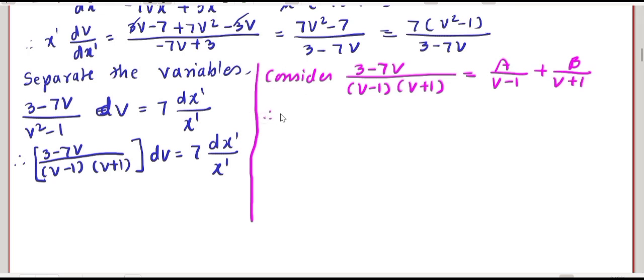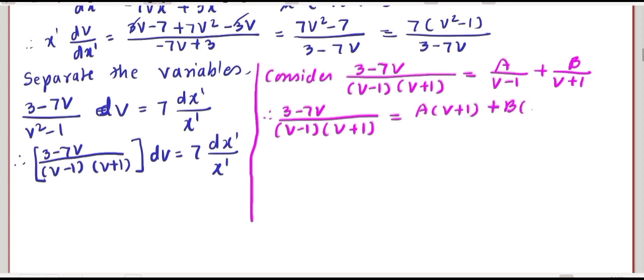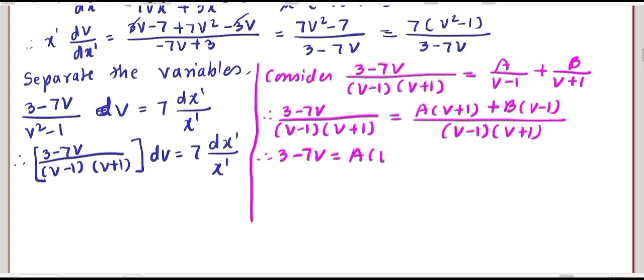Therefore it is equal to a into (v plus 1) plus b into (v minus 1) divided by (v minus 1) into (v plus 1). Now here is an equal sign, and the denominator is the same, so the numerator must be the same. So we get 3 minus 7v is equal to a into (v plus 1) plus b into (v minus 1).